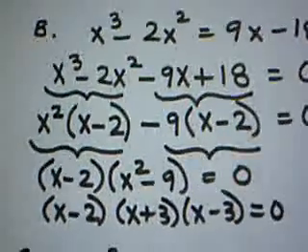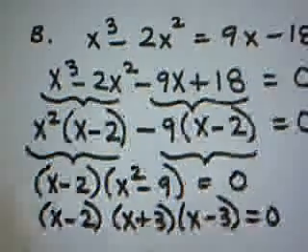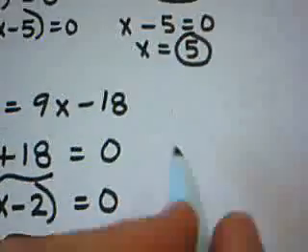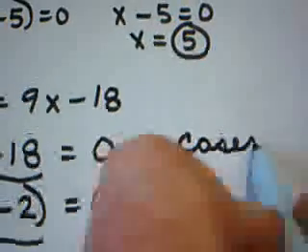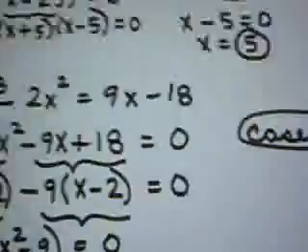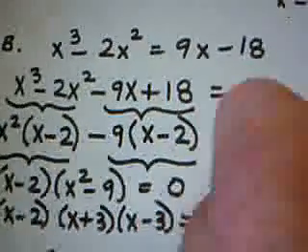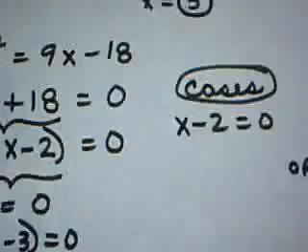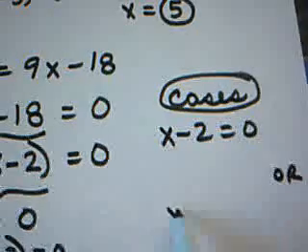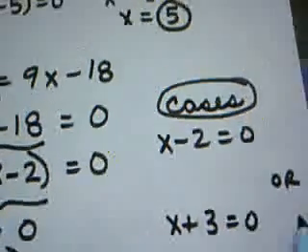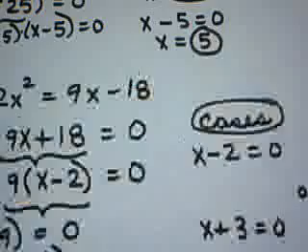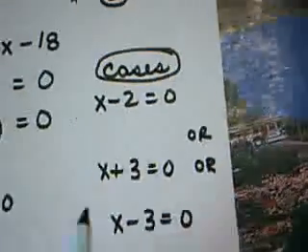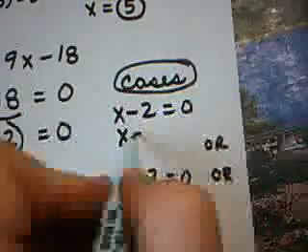And now what we're going to do is set up our 3 cases to solve this equation. If 3 factors are multiplied together to give me 0, then when I set up my cases to actually solve the equation, either the first factor is 0, or the next factor is 0, or the final factor is 0. In this first case, x is 2.